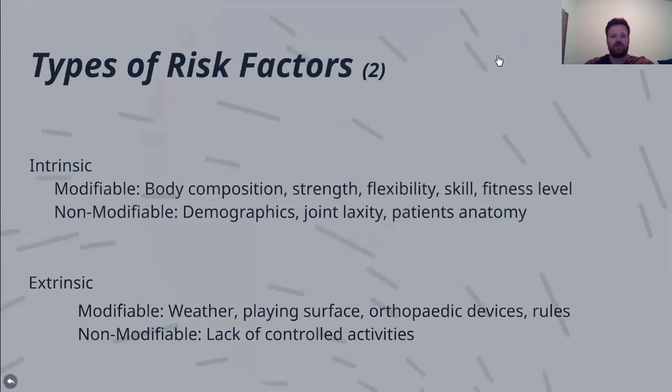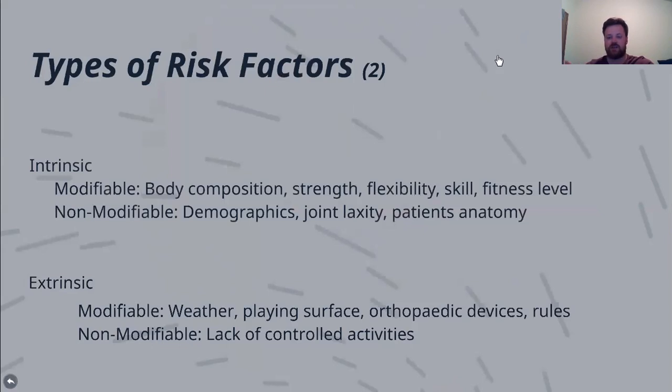Here we see the intrinsically modifiable ones are body composition, strength, flexibility, skill, fitness level. Those are all things you can work on and change over time. And then we have non-modifiable demographics. There's age, there's gender, and lots of other things within that that you can't change.